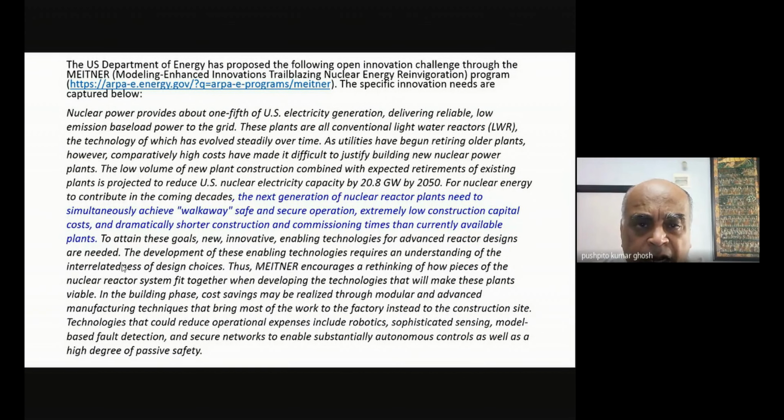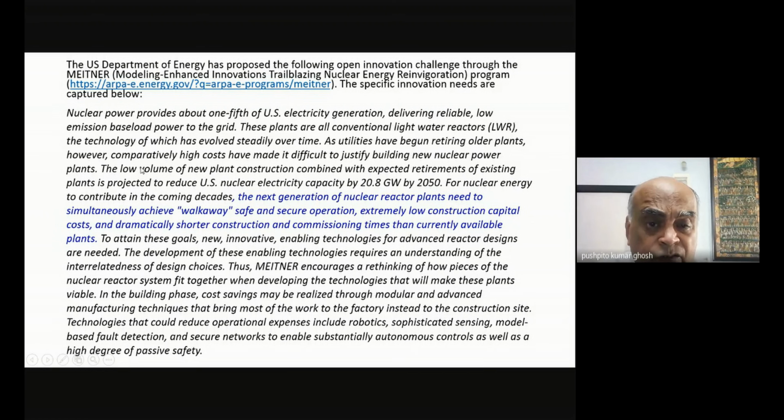Just to give you an idea of the kinds of projects, the US Department of Energy put this out on their website, and anyone can apply. If you have a good idea, you can maybe get a project. It's called Meitner. Actually, it is after Lise Meitner we talked about, but over here MEITNER means Modeling Enhanced Innovations Trailblazing Nuclear Energy Reinvigoration. It says something interesting here, so let me read it out.